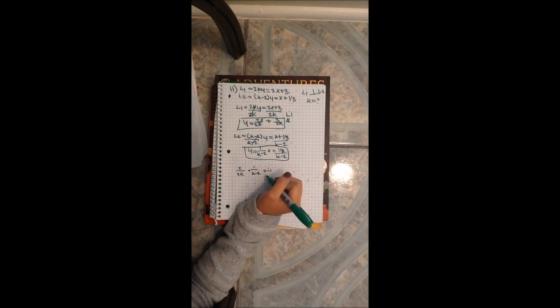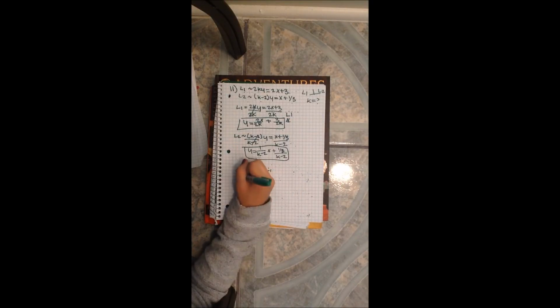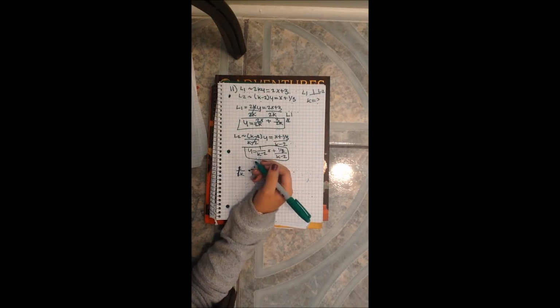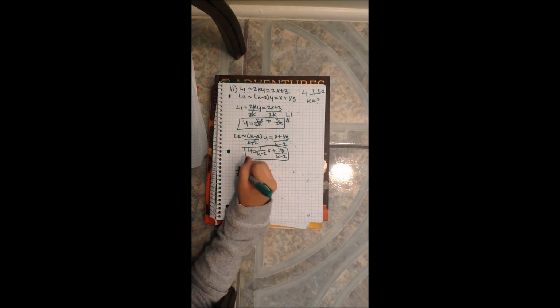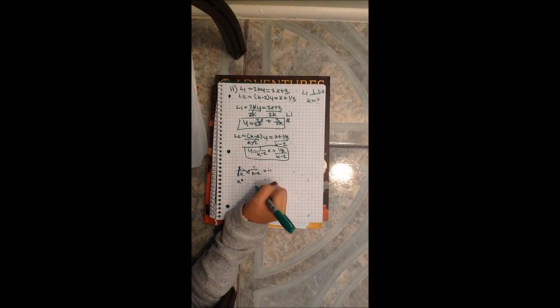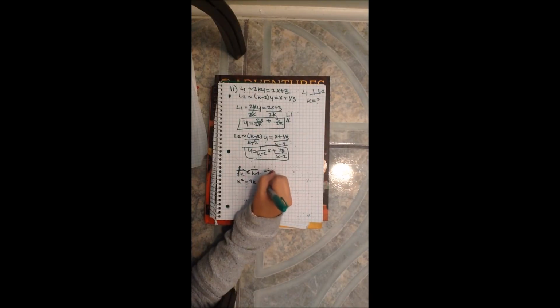And then you multiply across. You get rid of this because it cancels out. So it would just be k, and then you multiply times this, so it would be k squared. Multiplying across, so k squared equals 4k.